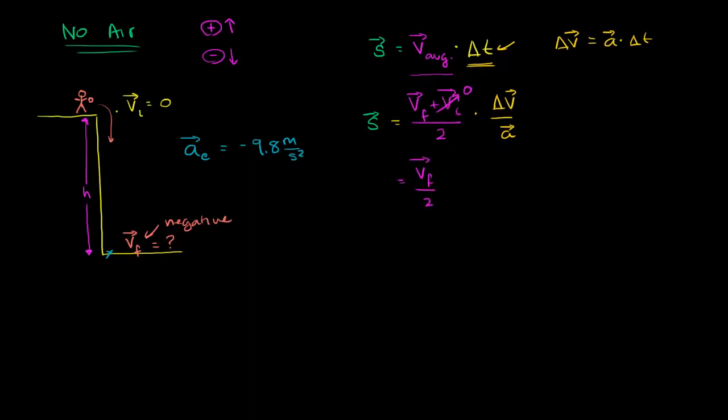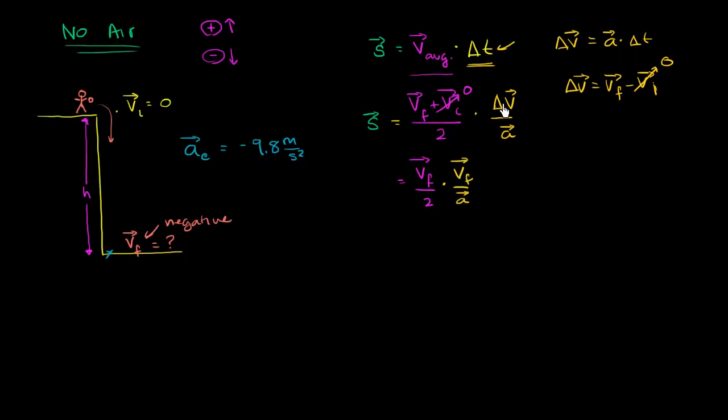Change in velocity is the same thing as final velocity minus initial velocity, and since the initial velocity is 0, our change in velocity is the same thing as our final velocity. So instead of writing change in velocity, we can just write our final velocity, times our final velocity divided by our acceleration.